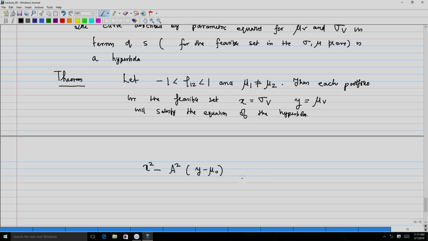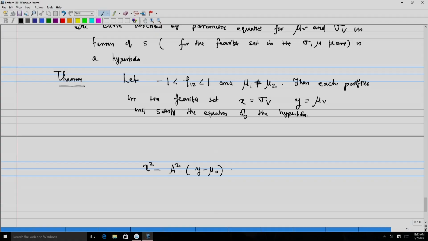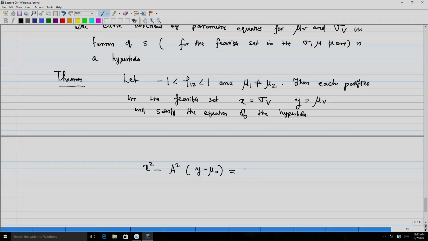Remember that mu naught was the return corresponding to S naught at which sigma v square is minimized and is equal to sigma naught square.